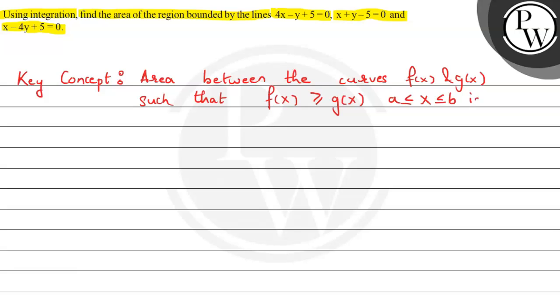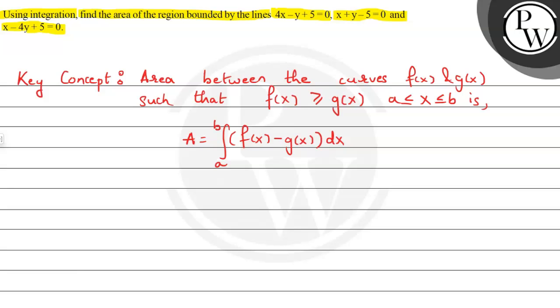The area in this interval is A equals the integral from a to b of f(x) minus g(x) times dx. Now with the help of this key concept we will solve the problem.